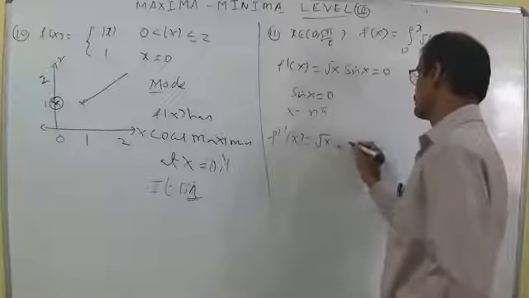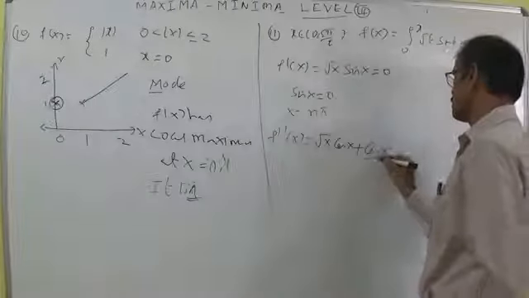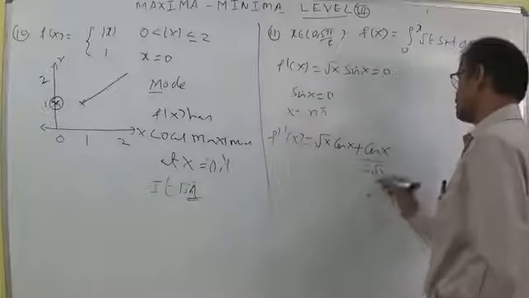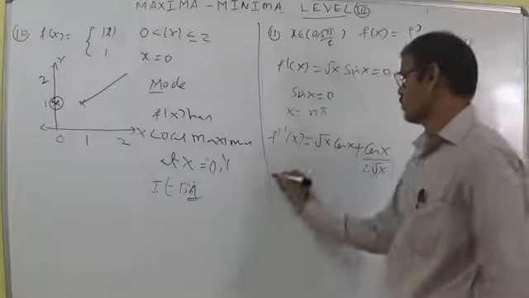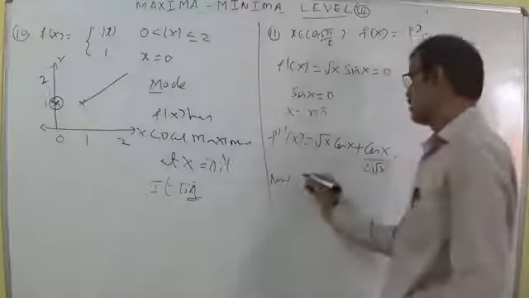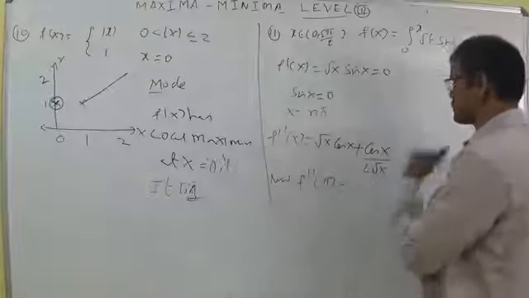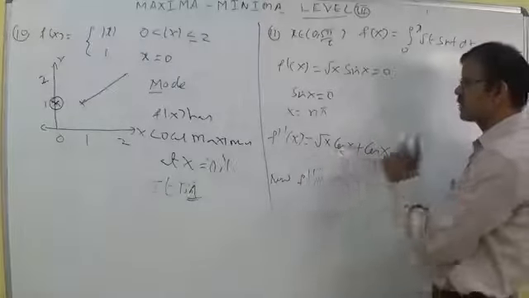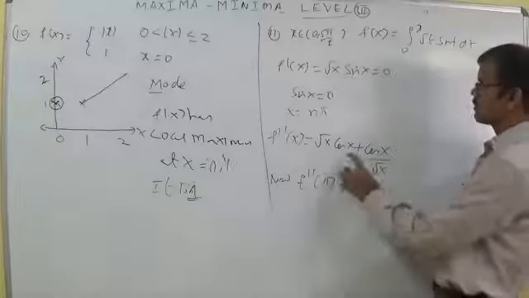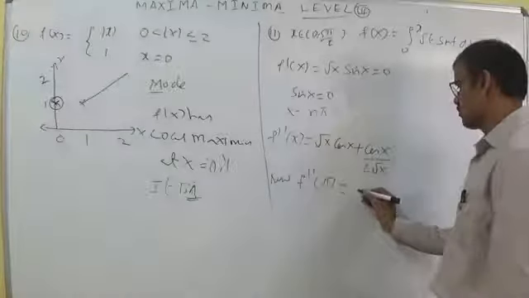f double dash x is equal to root x cos x plus cos x by 2 root x. Now, according to the options, he gave pi and 2 pi. Let us discuss f double dash of pi. You know, students, cos pi is minus 1, and root pi is positive, so it is minus.